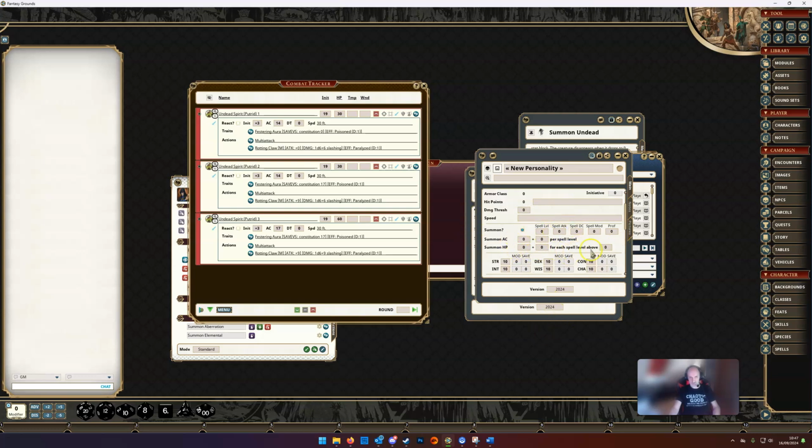So obviously you need the minimum spell level at which this creature can be cast, and then you need the base armor class plus any bonuses per spell level, and then the same thing for the hit points plus any bonuses for spell levels above a certain level, so that Fantasy Grounds can work out all of these things.